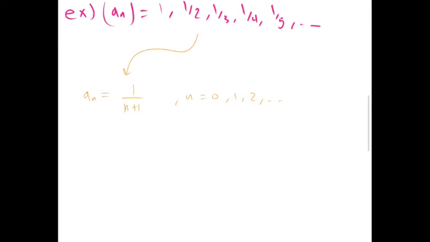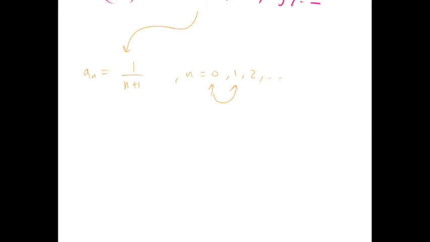Another thing we can do is change the starting point for our sequence. Let's say we don't want to start at 0, we want to start at 1. If we do that, then we're moving one position to the right, so we want to substitute n with n minus 1.